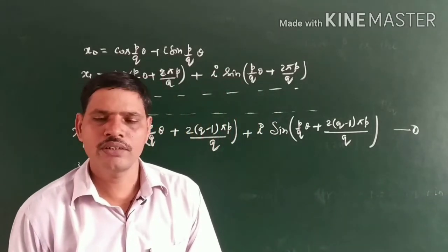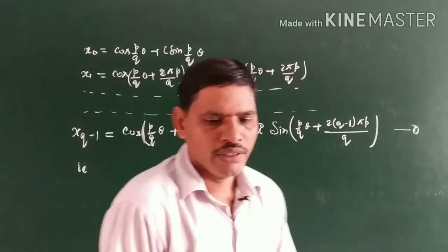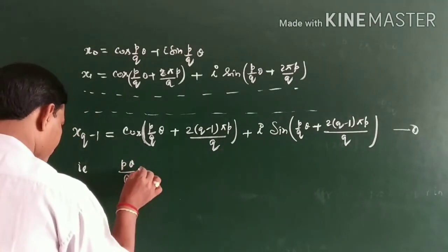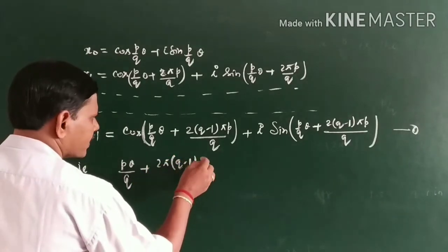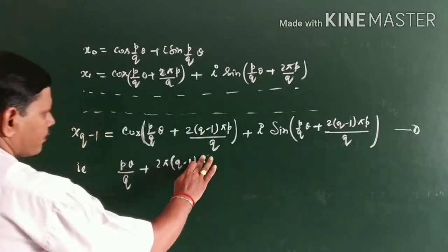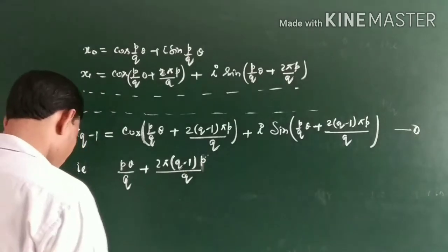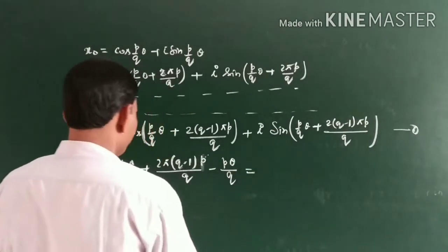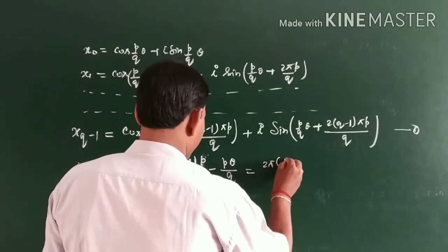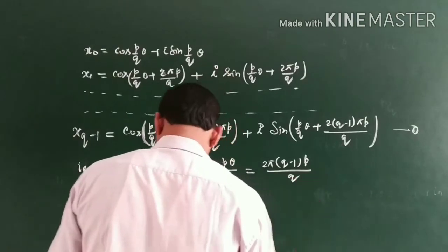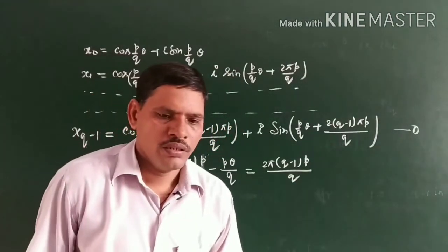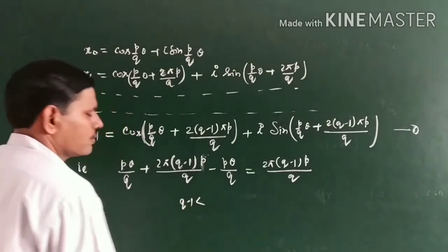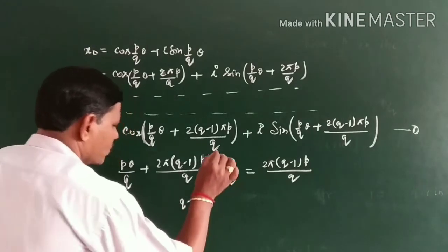The difference of the greatest and the least angle is p theta upon q plus 2 pi (q minus 1) p by q minus p theta upon q, which equals 2 pi (q minus 1) p by q, which is less than a multiple of 2 pi since q minus 1 is less than q.